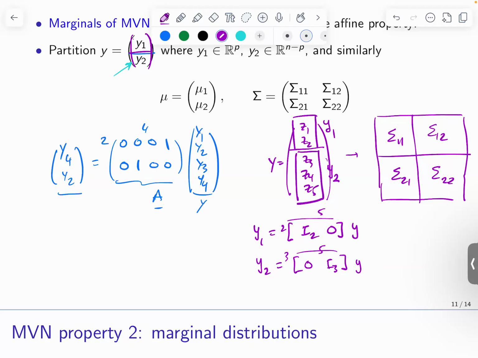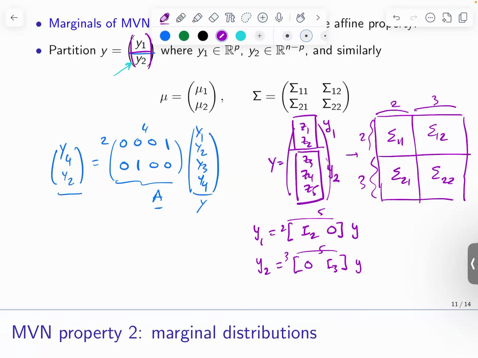So if I partition the covariance matrix like this, 2 by 2 and then 3 by 3, and then there's a cross term which is 2 by 3, I partition exactly along the same indices. The first two elements in the rows and columns correspond to y1, and the three remaining elements correspond to y2, and then I partition like this.